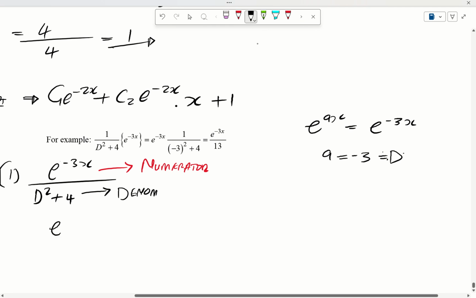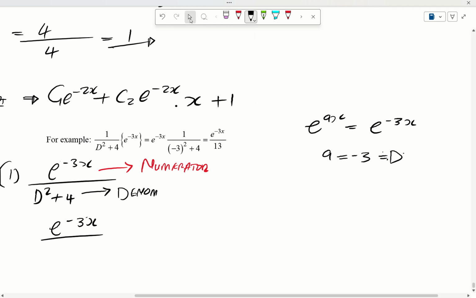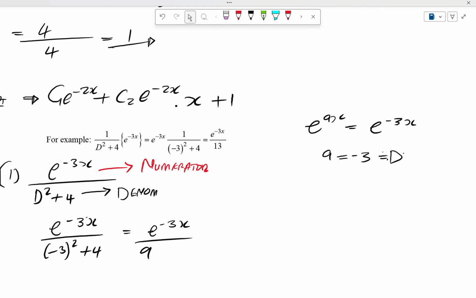So we'll say e to the power minus 3x divided by, open the bracket there, minus 3 squared plus 4, is equal to minus 3x divided by 9 plus 4. 9 plus 4 is 13. That's how they got that 13. Does it make sense now?